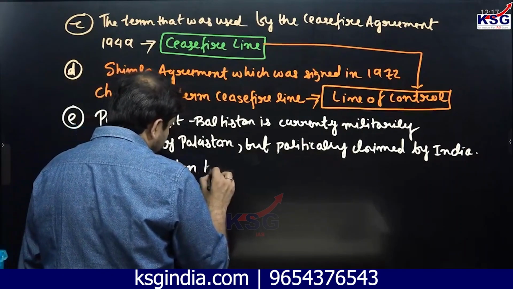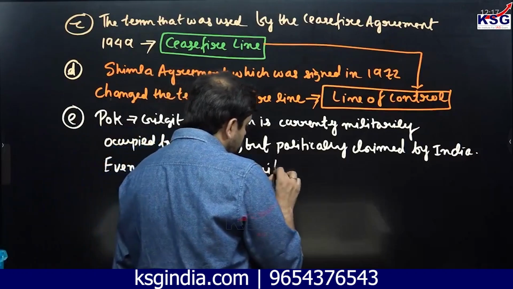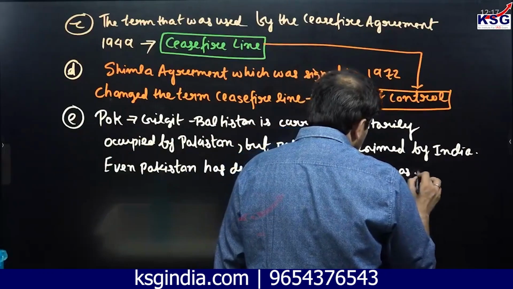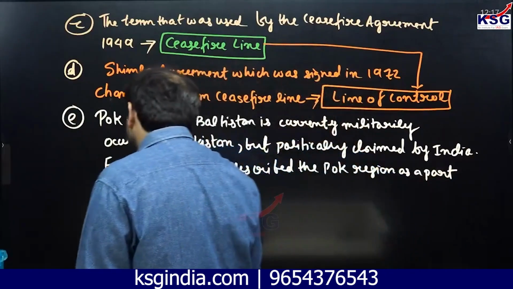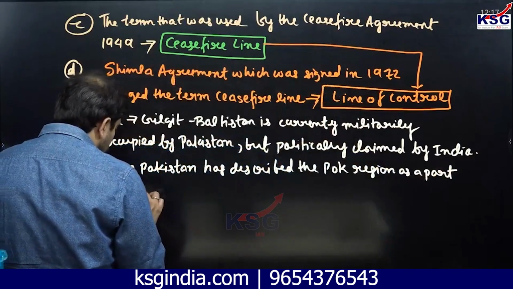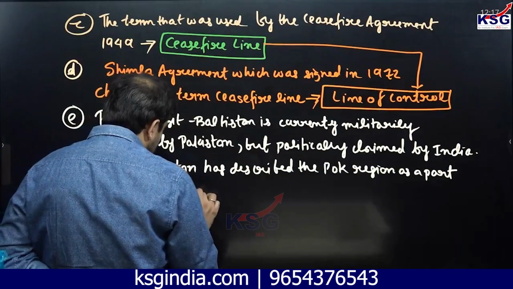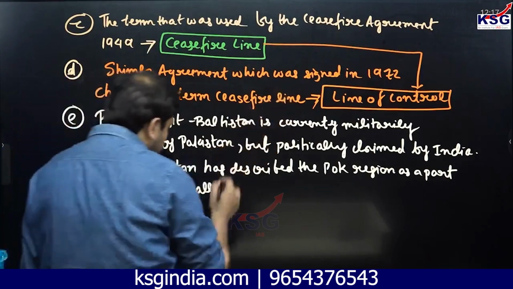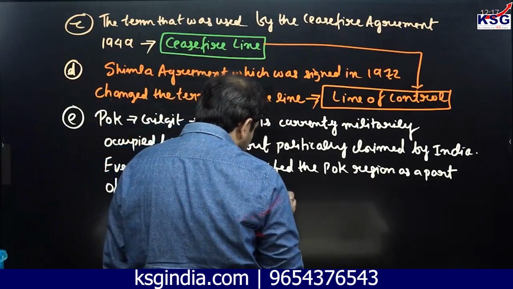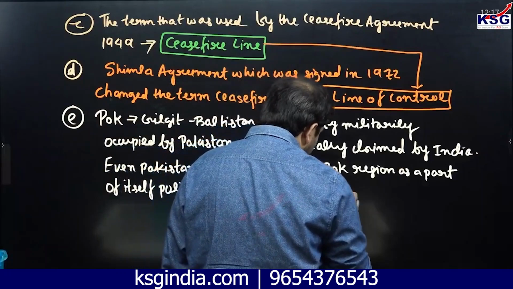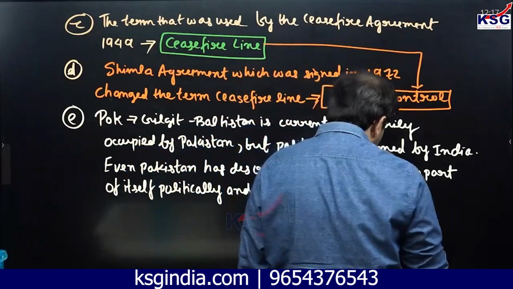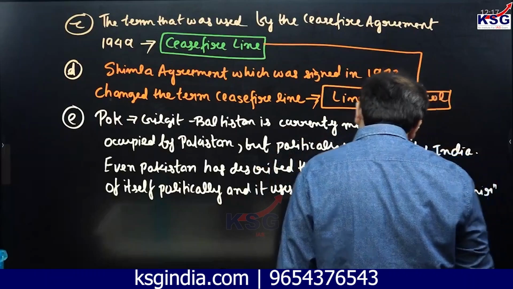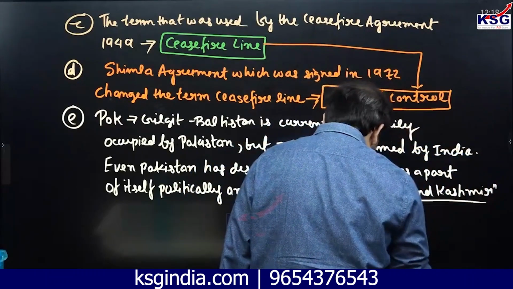Even Pakistan has described the POK region as a part of itself politically, and it uses the term Azad Jammu and Kashmir, what it calls the AJK.